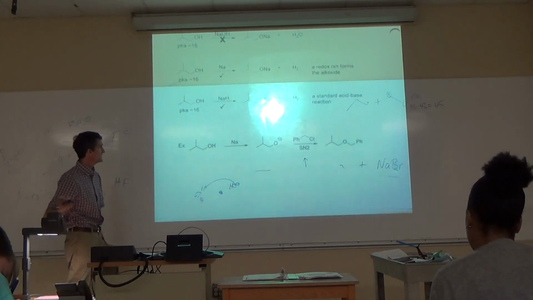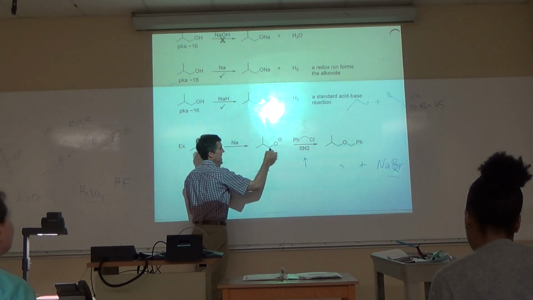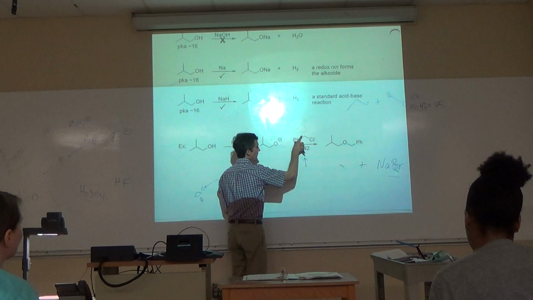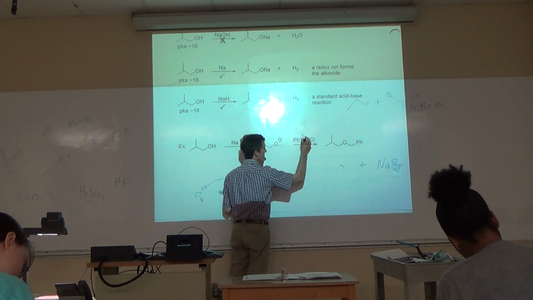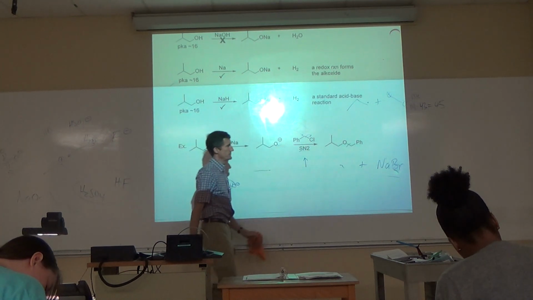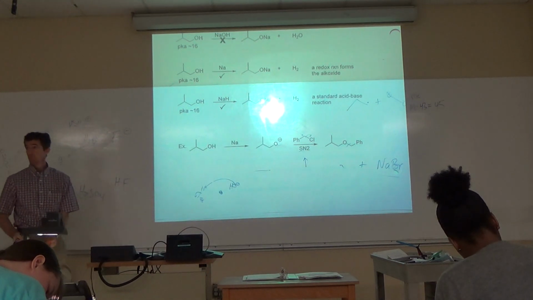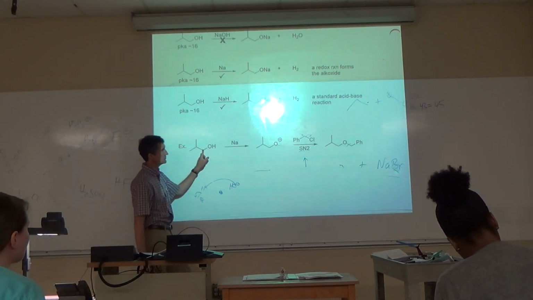Now we can do a reaction. You take this alcohol, treat it with sodium, you get the alkoxide plus hydrogen. We throw in a carbon with a leaving group, and bam! SN2, we made this bond. Yeah? We alkylated the oxygen. This oxygen has one alkyl group.